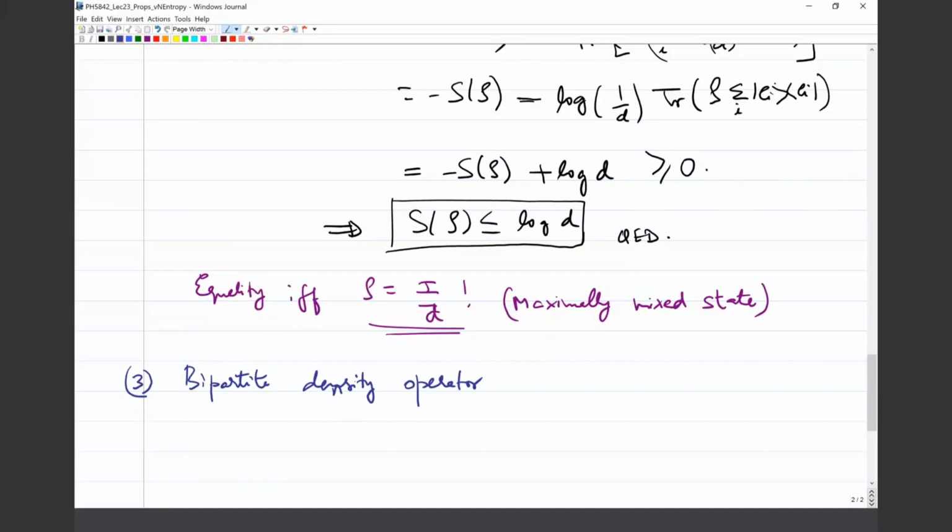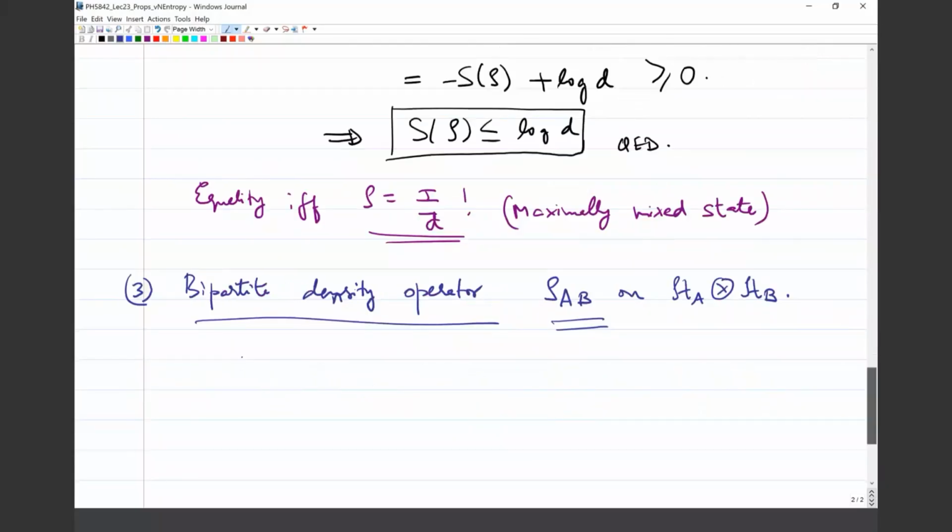But before that, let's look at a bipartite density operator, which is a density operator on H_A tensor H_B. So I have two quantum systems A and B, and this is the bipartite system, and consider any density operator on H_A tensor H_B. So I'm going to now say two things.